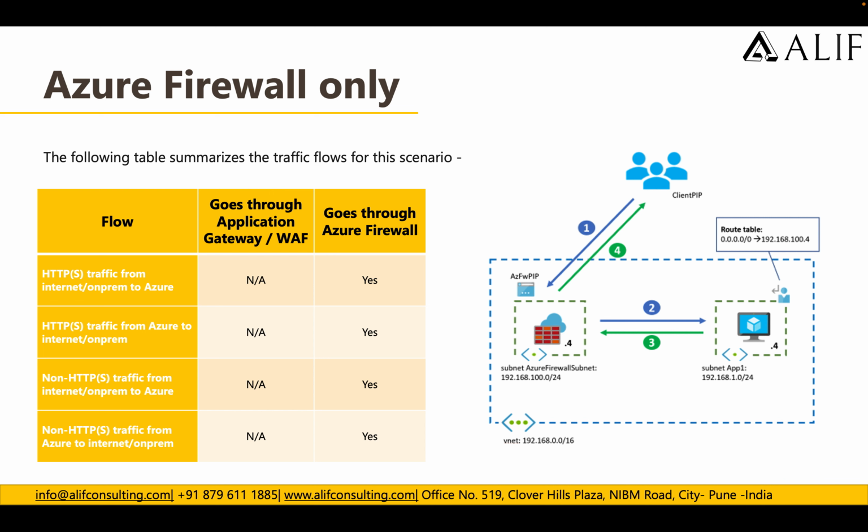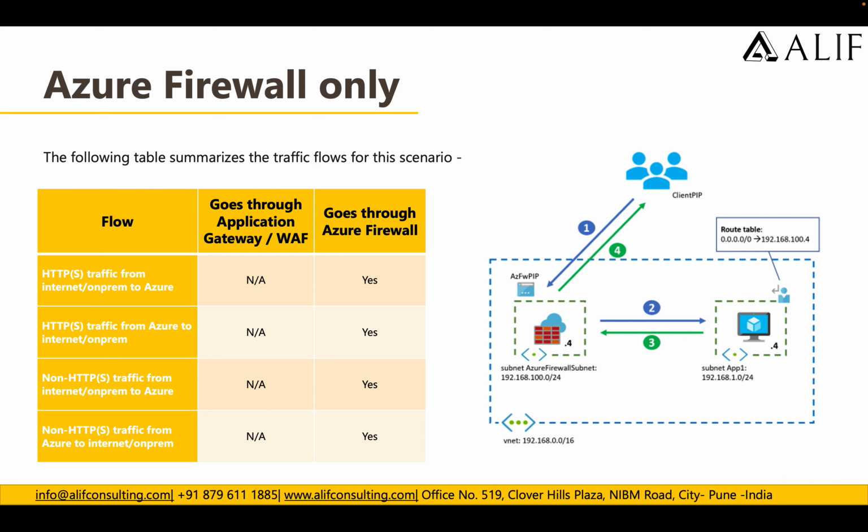In this case, the only change is the UDR, because the UDR which is attached to the VM will be for all internet traffic, and the next hop should be your virtual appliance, which is the Azure Firewall. Now, why do you need the UDR? UDR is required to override the default routes, because by default, when you create a virtual network, Azure adds predefined system routes.